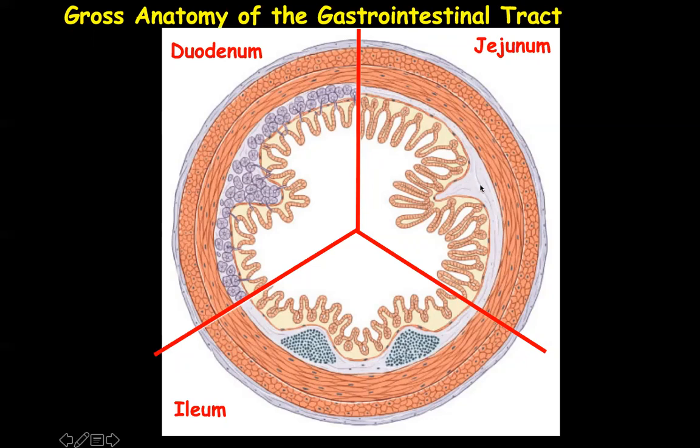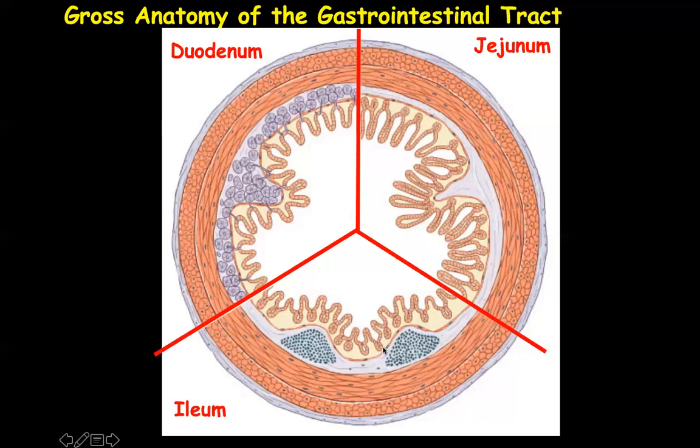In the jejunum, there's not going to be any interesting features within the submucosa, but you will see really tall villi. Remember that villi are those structures that serve to increase surface area for absorption in the small intestine. So this makes sense because most of that absorption is taking place in the jejunum.